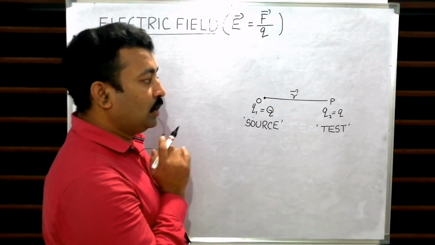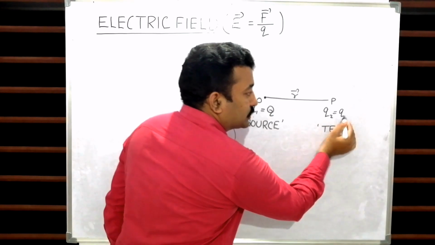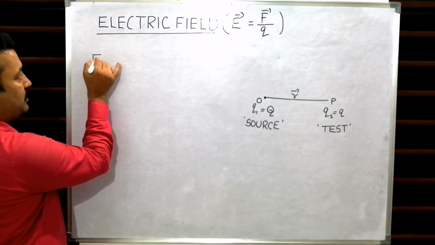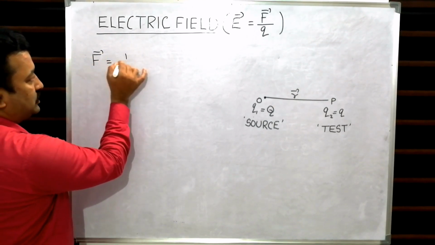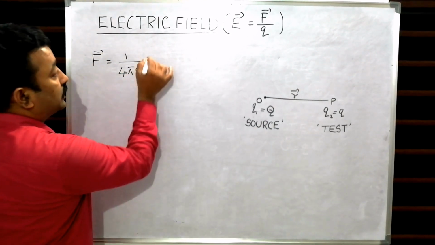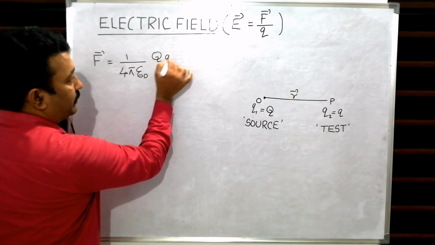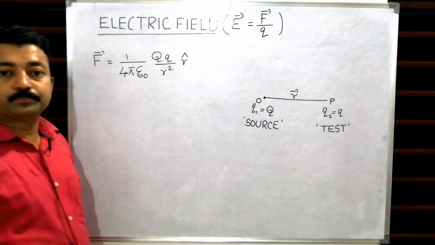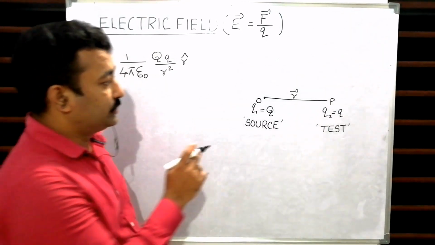That is what we are going to study. We all know that if a charge q is placed here, there will be a force experienced by it, given as 1 over 4 pi epsilon naught, capital Q multiplied by small q divided by r square, times the unit vector. This is the force.